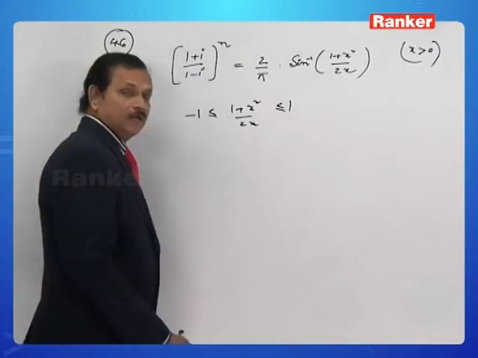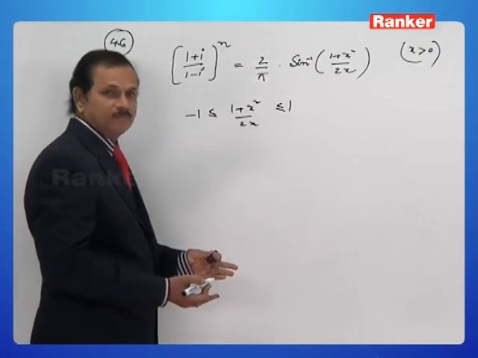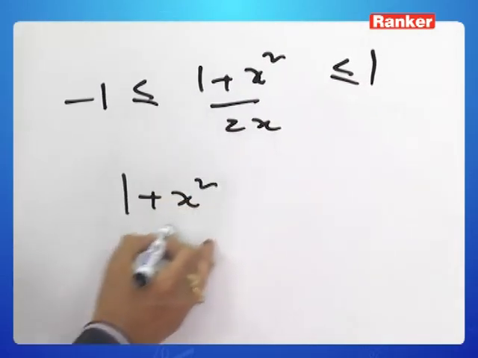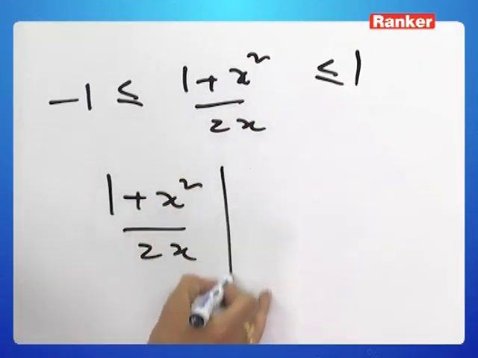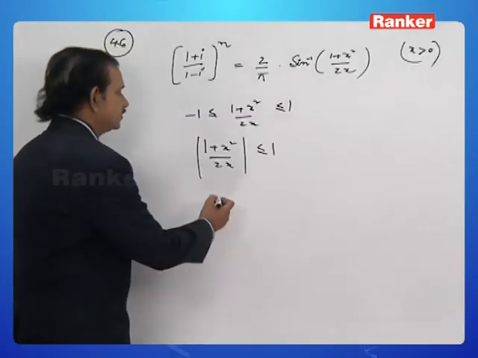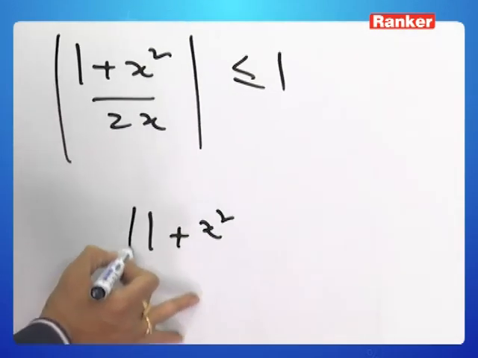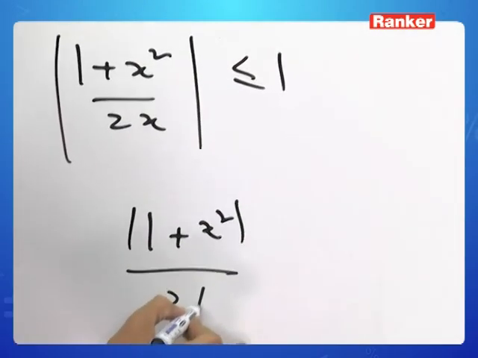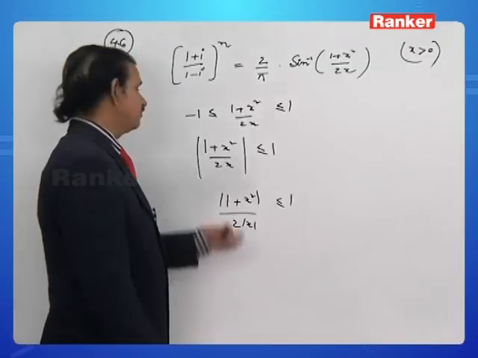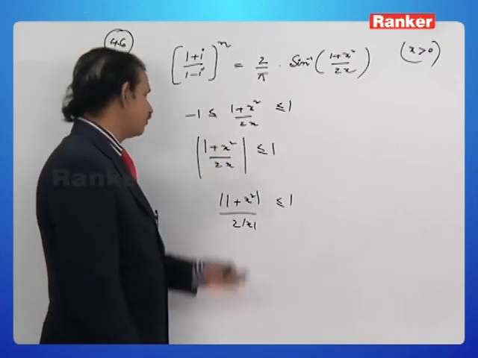Well, you look at this step. From this step, what can you say directly? (1 plus x square by 2x) is less than or equal to 1. That is, (1 plus x square) by 2 mod x less than or equal to 1. I have distributed this absolute value symbol, that is the modulus symbol, to both numerator and denominator.